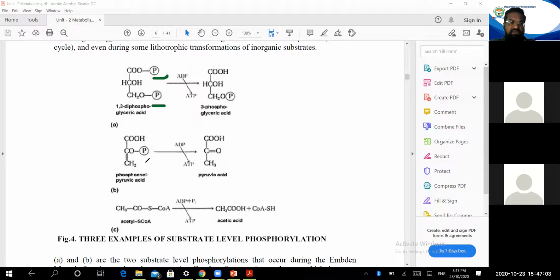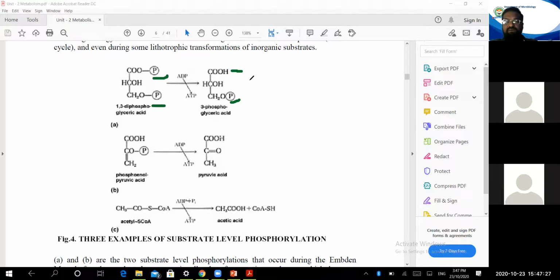Now what is happening here is that this 1,3-diphosphoglyceric acid is converted to 3-phosphoglyceric acid. What is the difference between them? This 3-phosphoglyceric acid contains only one phosphorus. The phosphorus at this location has been removed.